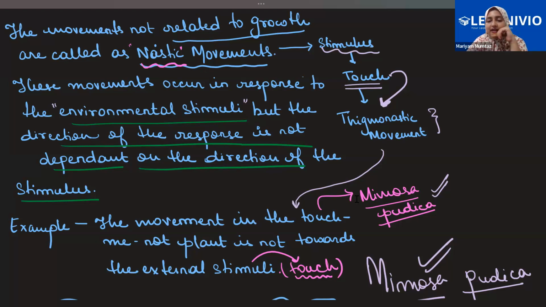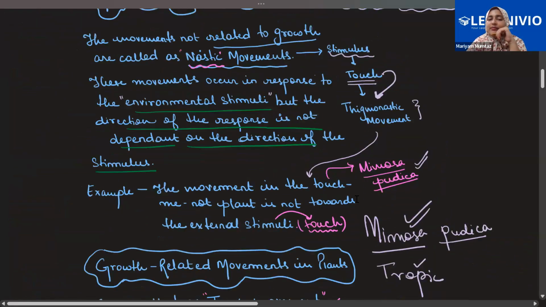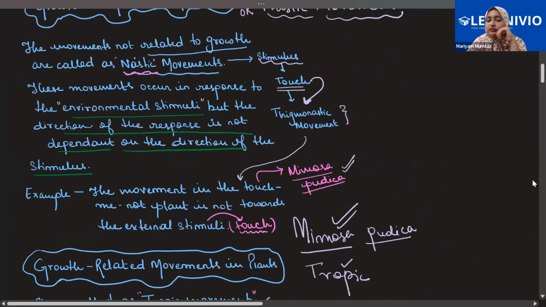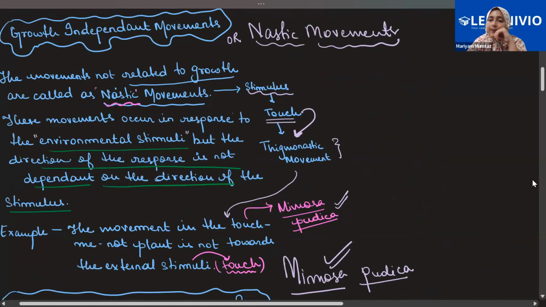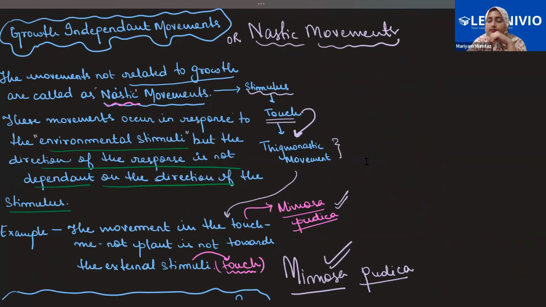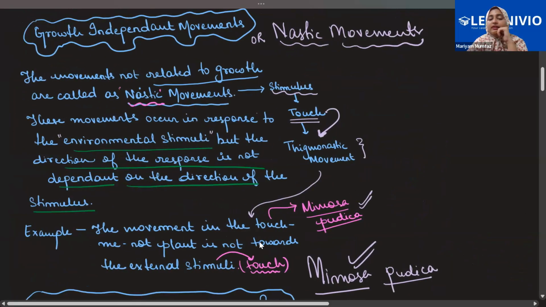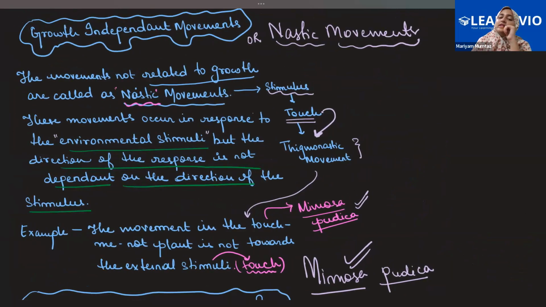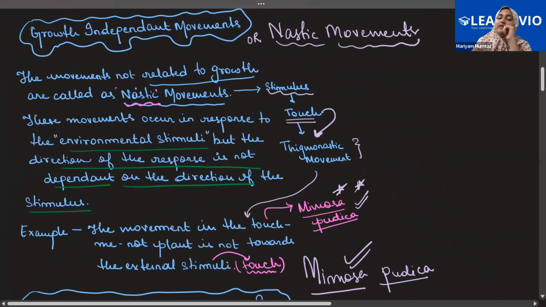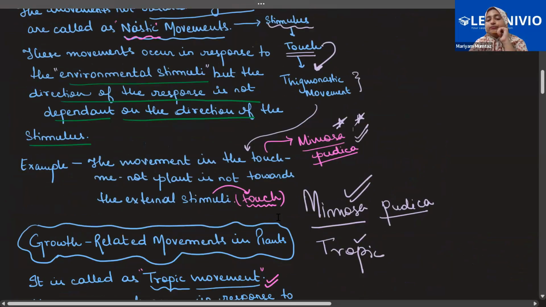It is independent of it. Is this example and the whole entire growth independent movement clear to everyone? Does anyone have any doubts related to this? And when you're studying about it, always remember the scientific name of the touch me not plant, which is Mimosa pudica.